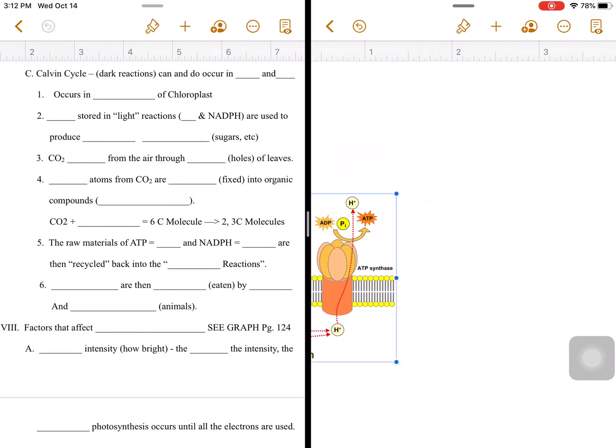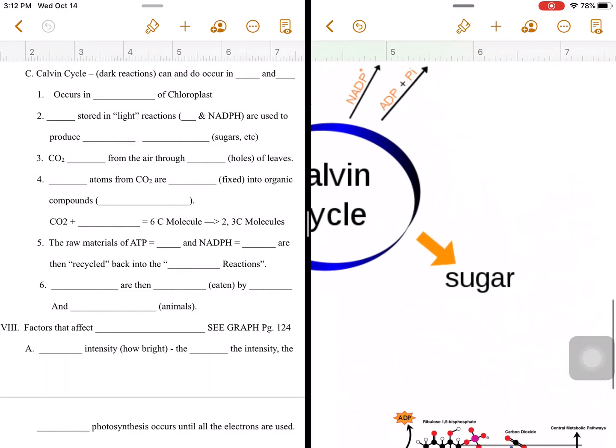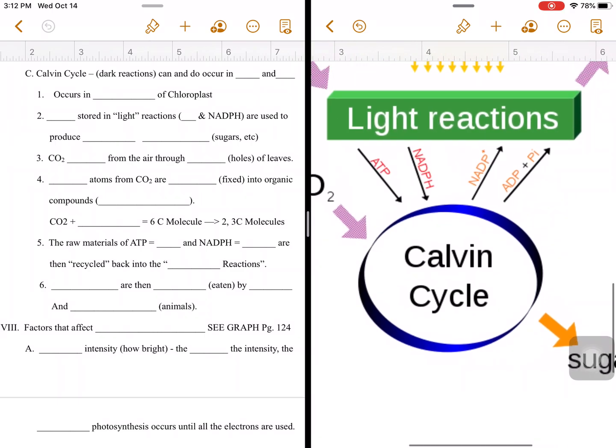So it occurs in the area of the chloroplast that's kind of like the cytoplasm of the cell. And what happens is energy from the light reactions, that ATP and the NADPH, are used to produce organic compounds such as sugars.